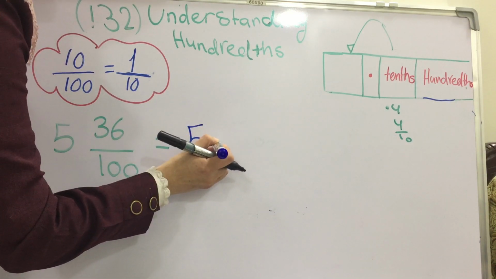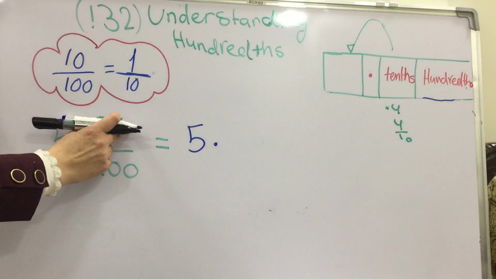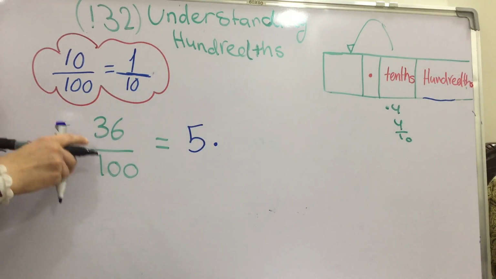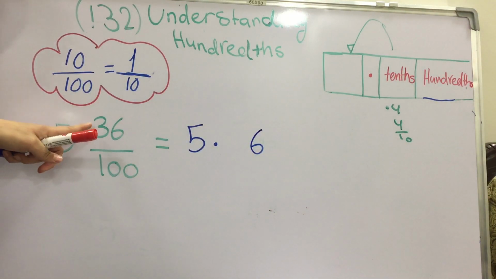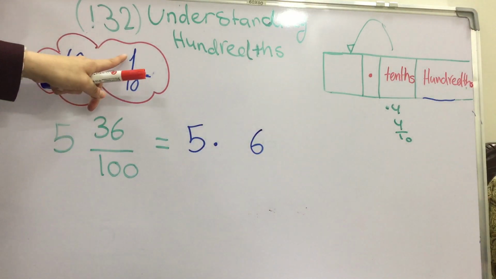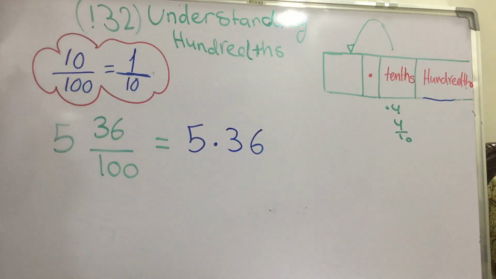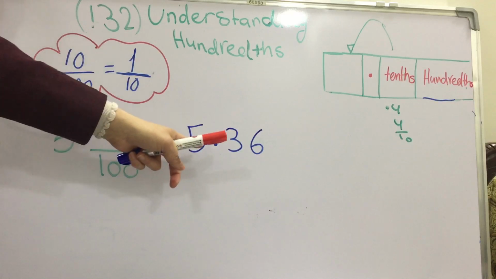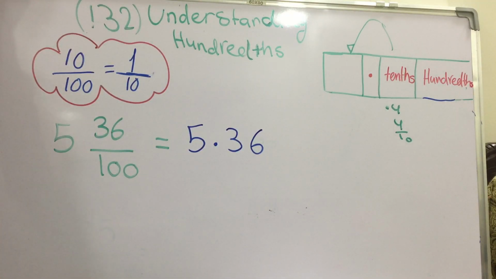Then I write the dot. I have 2 zeros, 1, 2. Okay, I have here 6 on the 100th place. And I have 30 hundredths, which is 3 tenths. So I have 5.36. Okay, let's take another exercise.